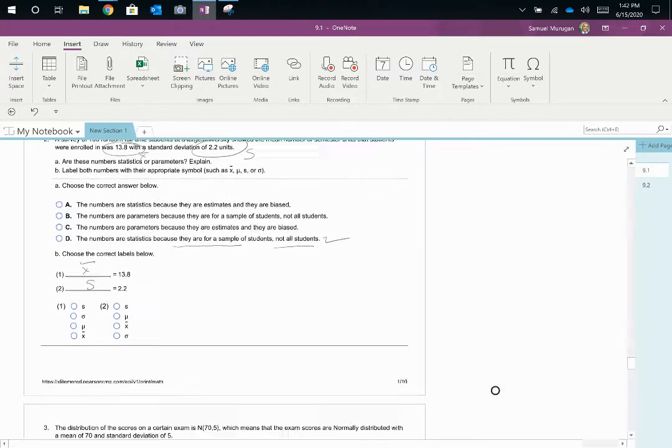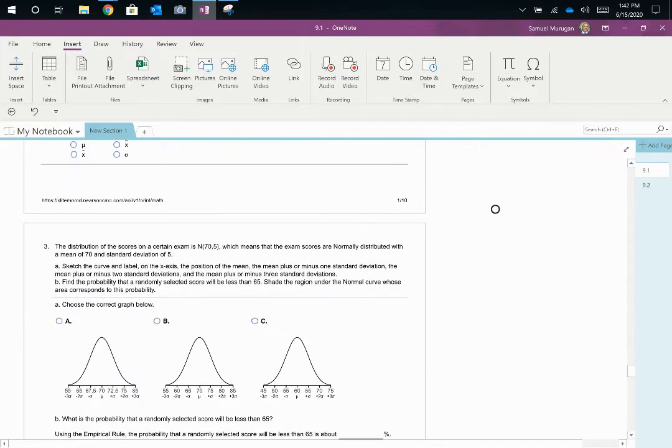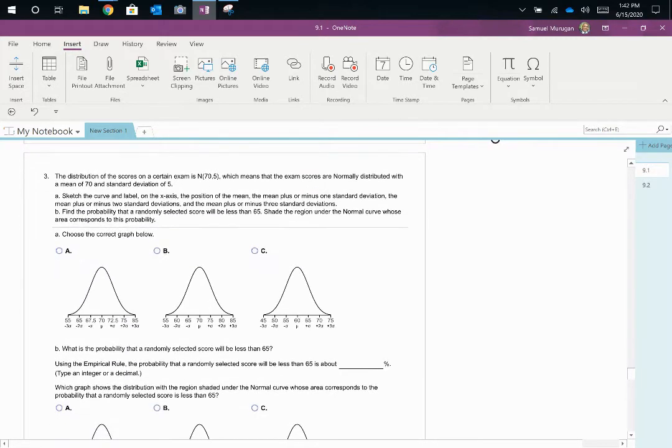All right, now let's check our understanding of this. The distribution of scores of a certain exam is N(70, 5), which means the mean is 70 and the standard deviation is 5, so the exam scores are normally distributed.